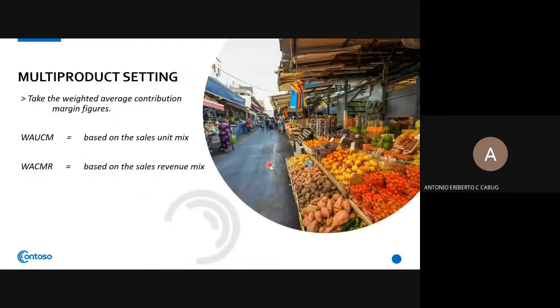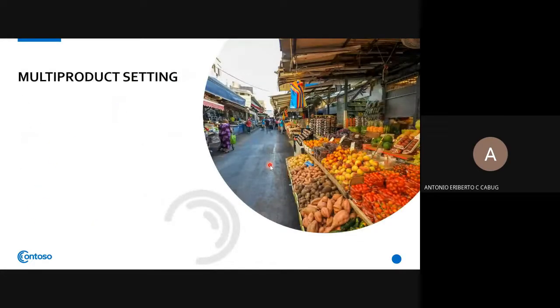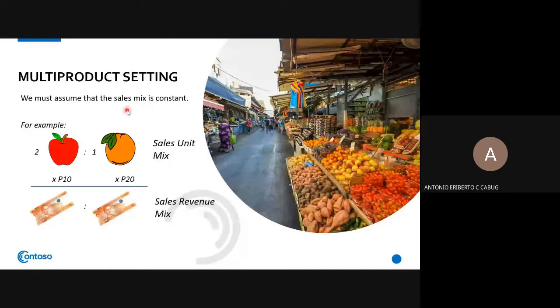Okay? Sige, one more time. When we are in a multi-product setting, there's more than a single product. An important assumption in CVP analysis is we assume that the sales mix is constant. Say, for example, 2 apples is to 1 orange. There are 2 units of apples every time you sell 1 orange. However, the unit mix is not necessarily the same as the revenue mix.